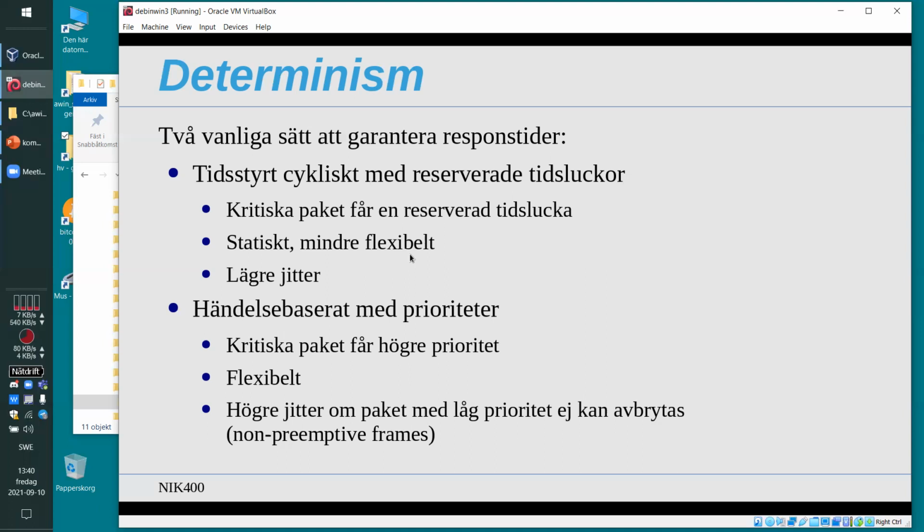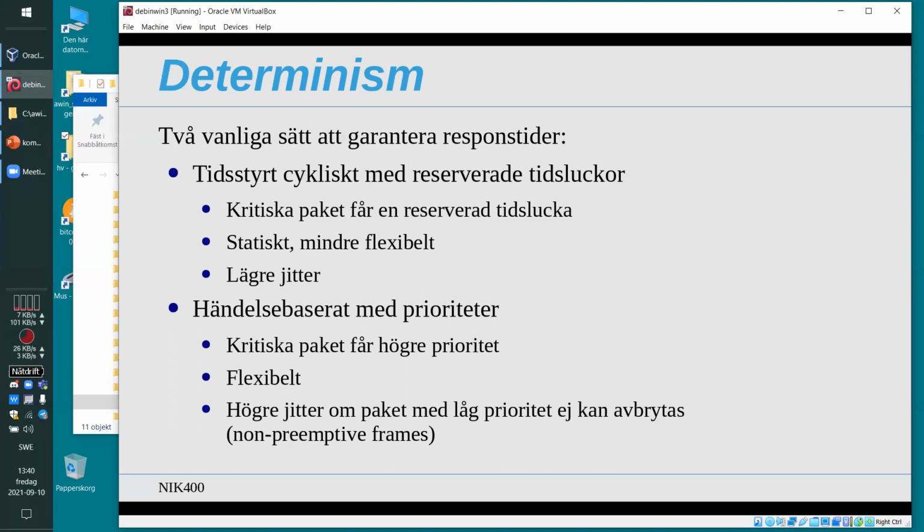If you have only one node that wants to send something, it can only use its own time slots. There are a lot of empty time slots, maybe, because the other nodes are not sending anything. So you need to design the system and reserve the slots for the worst case. And on average, you will have a lot of unused time slots. So you're not really using the whole capacity of the network.